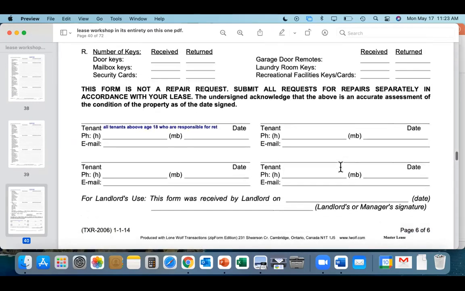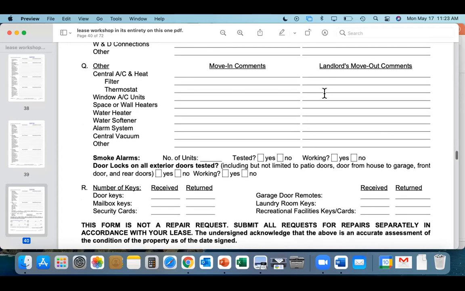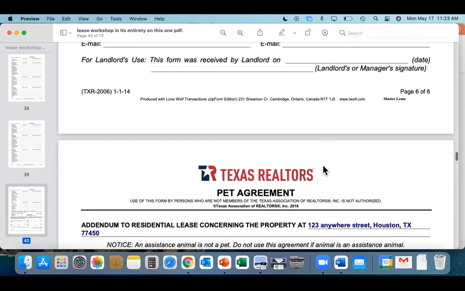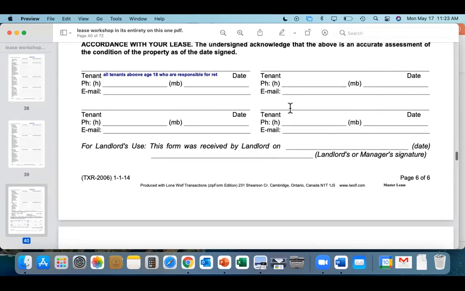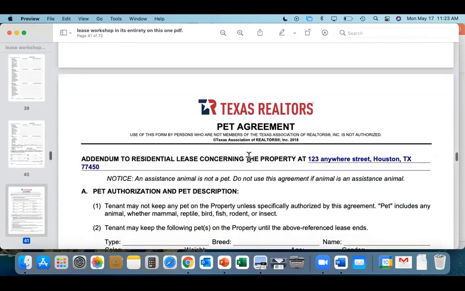It's their prerogative if they don't, but 12 months down the road, the landlord says, I'm going to hold back $50 or $100 or $200 because you broke this. And they'll say, no, it was broken when I moved in. Well, there's no proof of that, right? So this is why we have this form, to protect them.